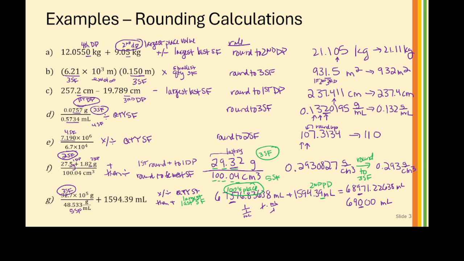When I round this up from 89 to 90, this 0 is significant, but these two are not. So the only way to do that, I mean, I'm temporarily doing it with an underline, but the better way to do it is to convert this to 6.90 times 10 to the 4 milliliters in scientific notation.